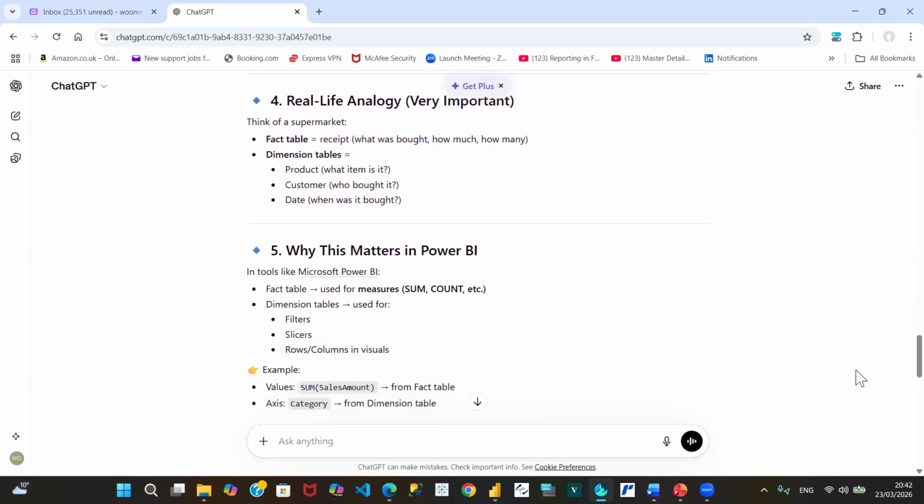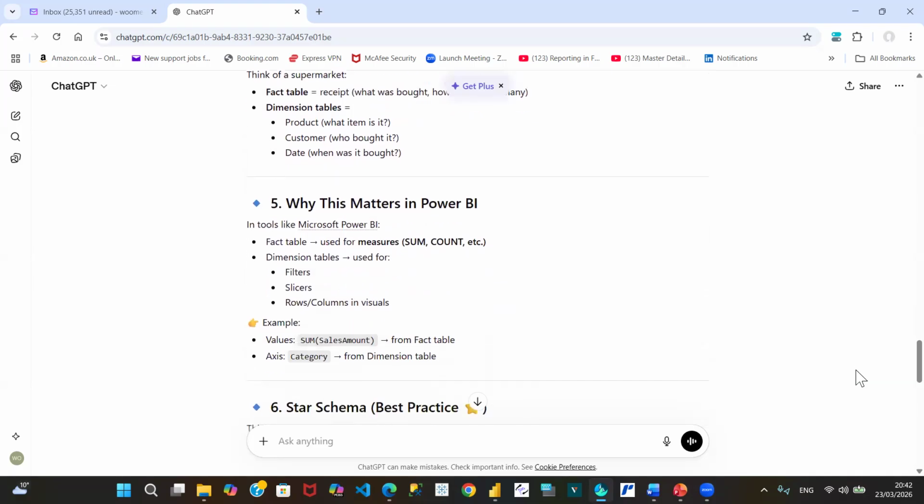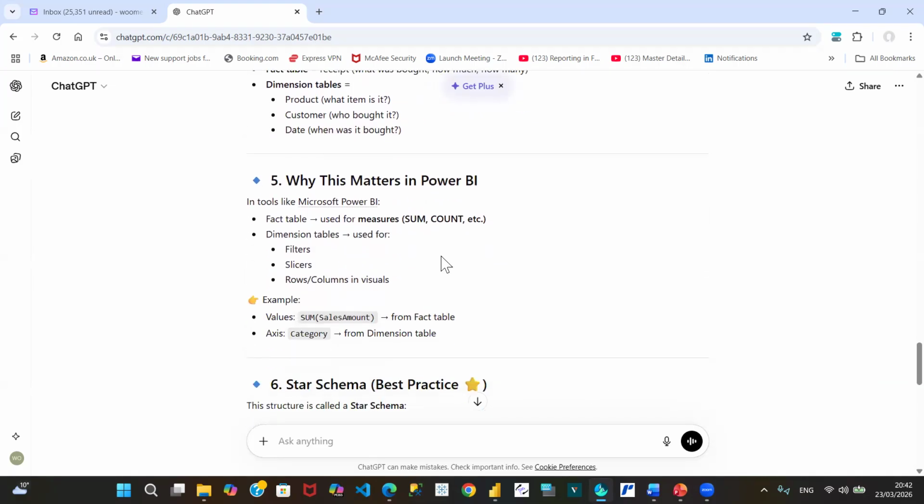Okay. And why does the concept of dimension and fact table matter? Fact table is used for measures. We will be introduced to measures when we work with bigger data or even the small one. And dimensions are used for filters or slicers, rows, columns, and visuals, okay?